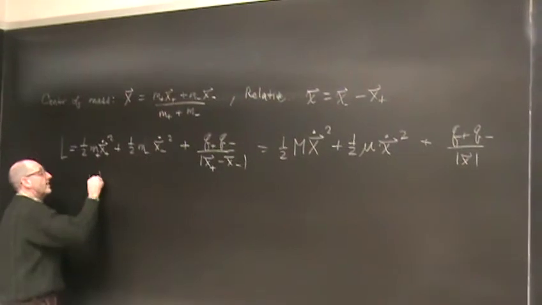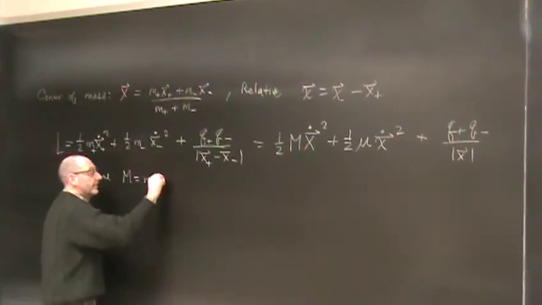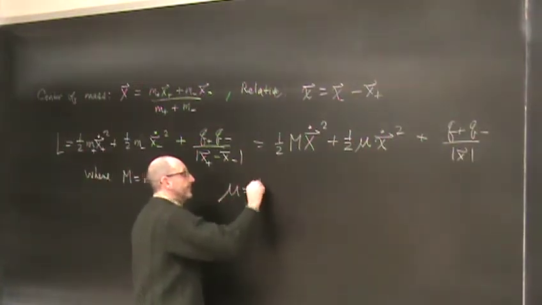Where capital M here is the total mass, and mu is the reduced mass.